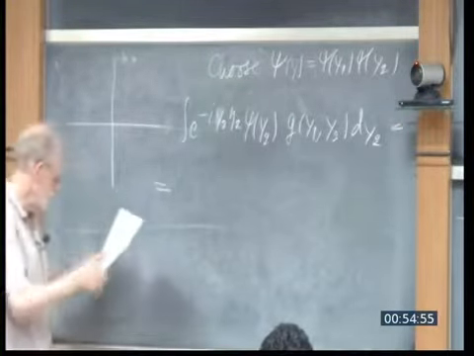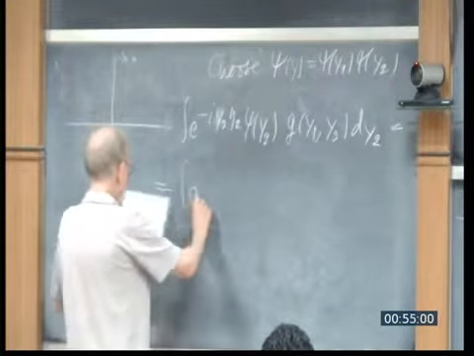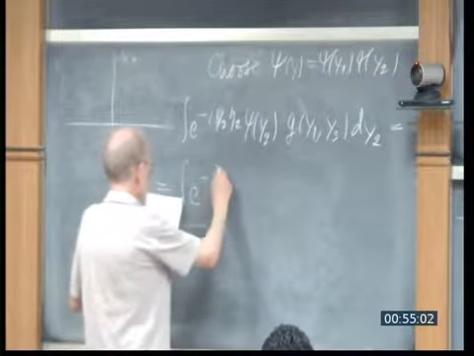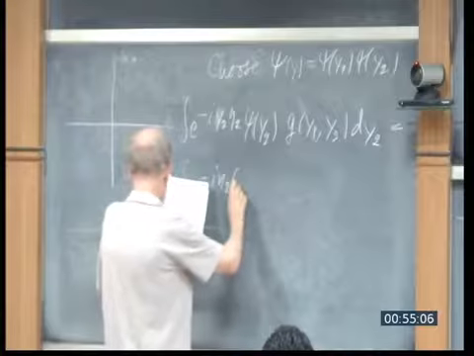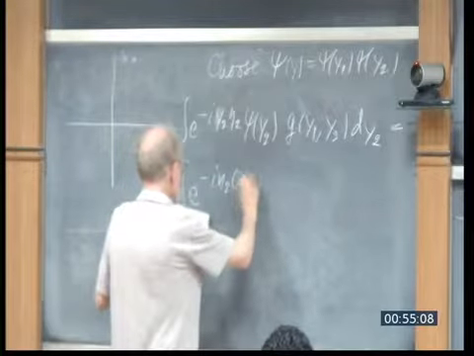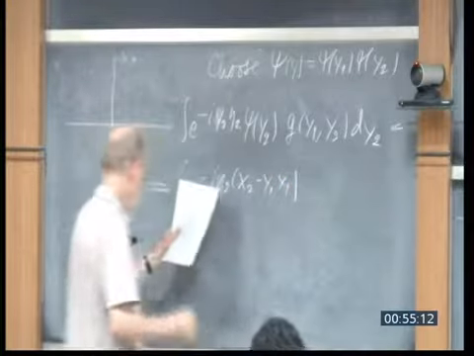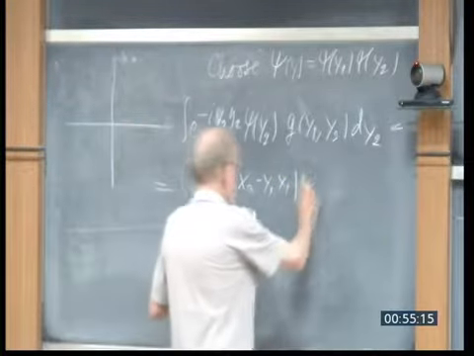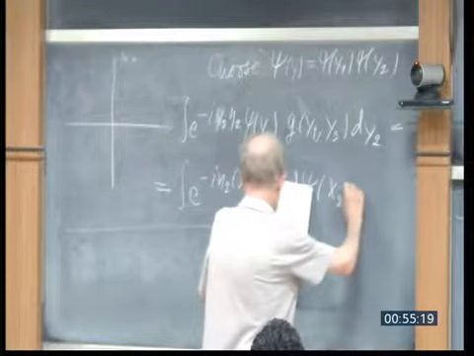After a trivial computation, just one or two lines, this becomes e to the minus i y η2 times x2 minus ψ x2.